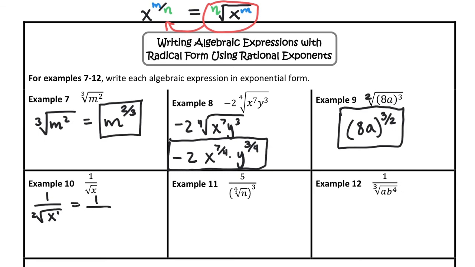So it becomes 1 over x to the power of 1/2. And then we want to move this to the top. So we're going to use one of the rules from last class. If you want to move that to the top, that would equal x to the power of negative 1/2.